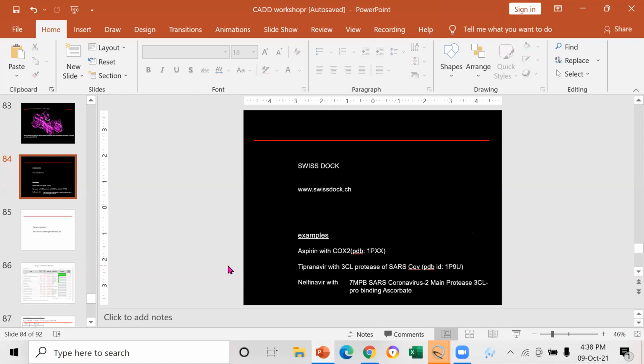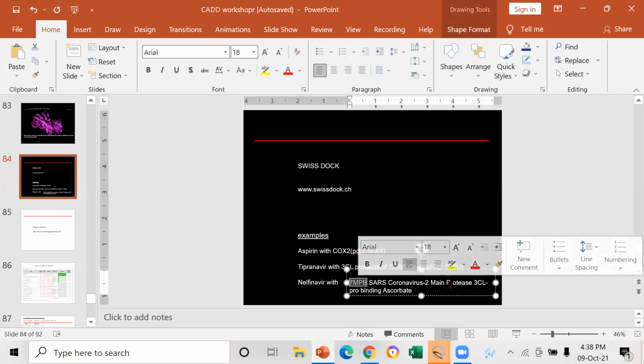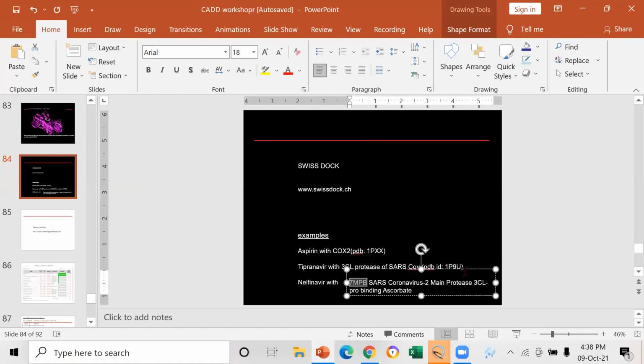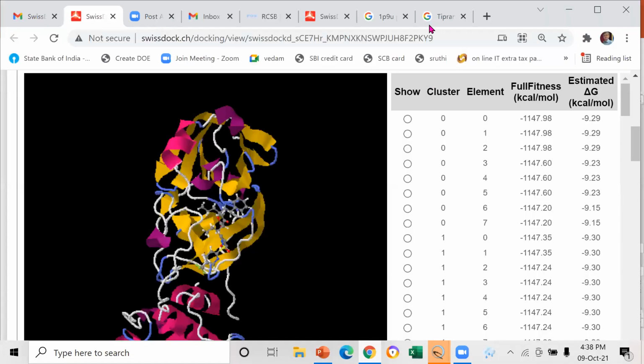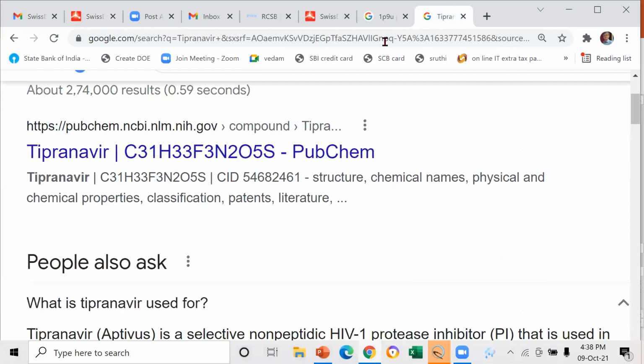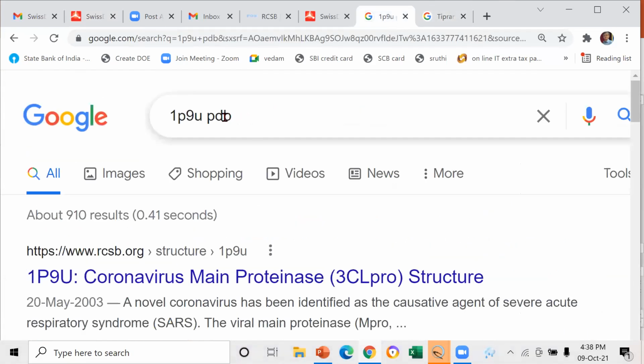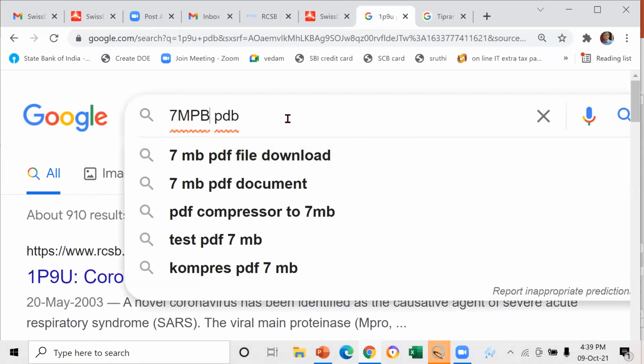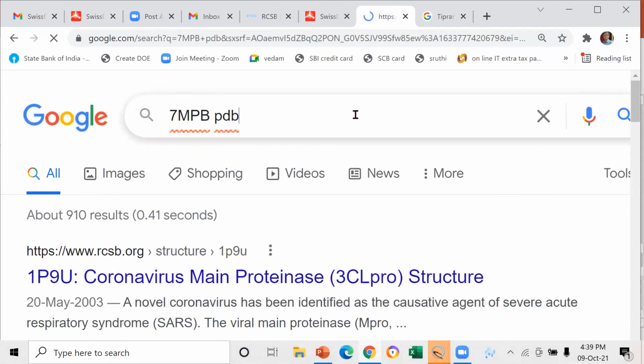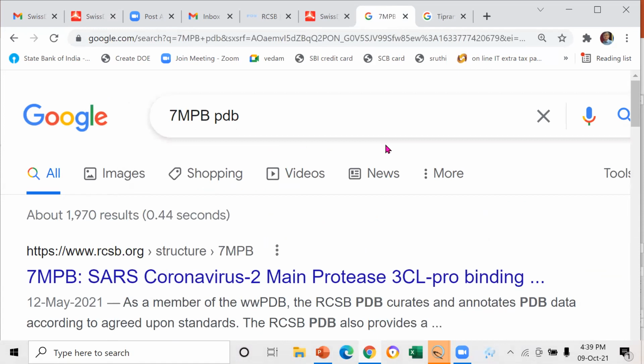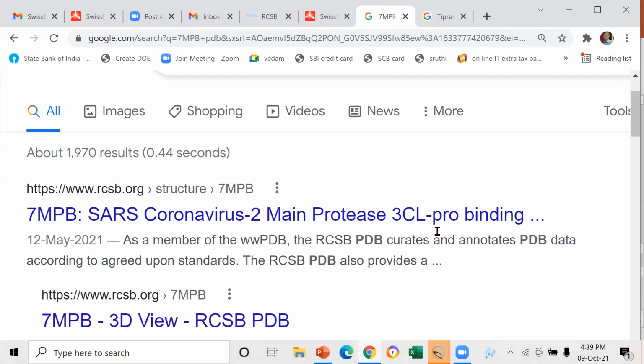Another one, again, another protease. This is also a protease.